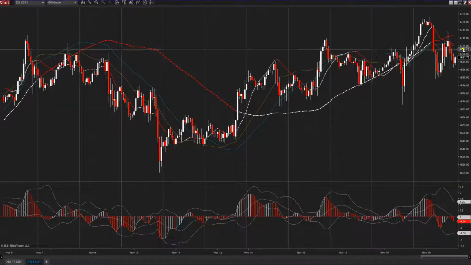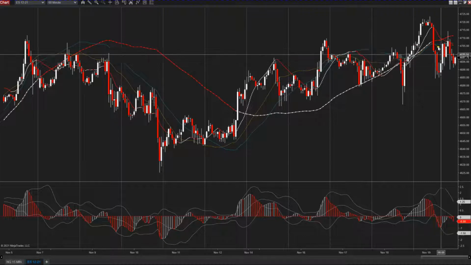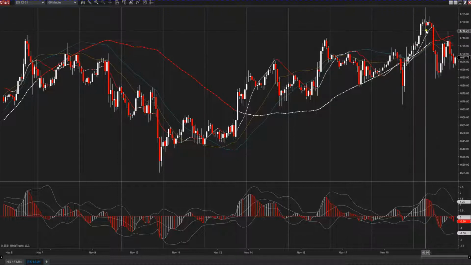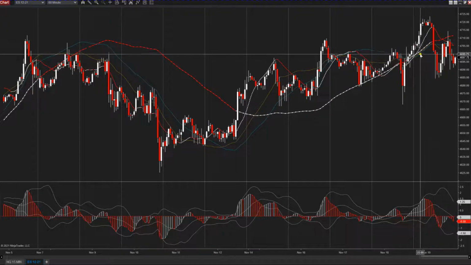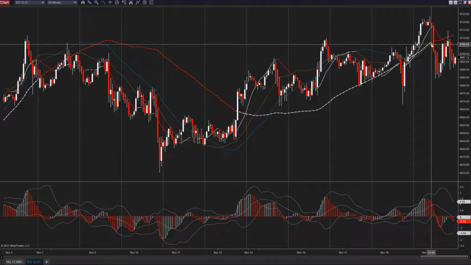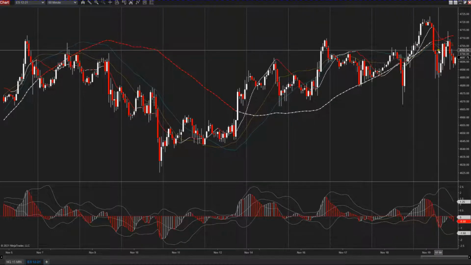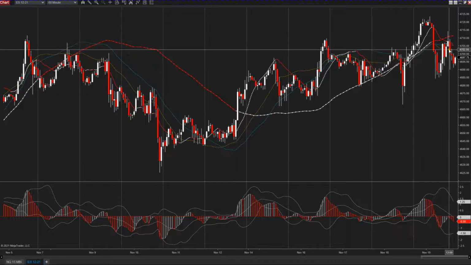Right here is the current price in the ES, and you can see that we have first a bar that went below the 1, but the 4 was still on top, while the 2 and 3 had fallen underneath it. And now we've got all 4, the 4, 3, 2 below the 1, and price just broke below all four.